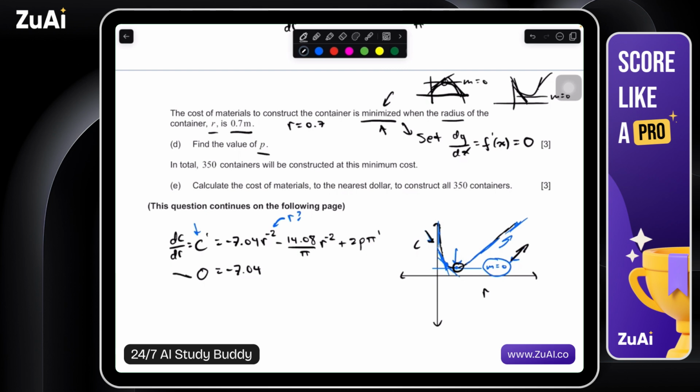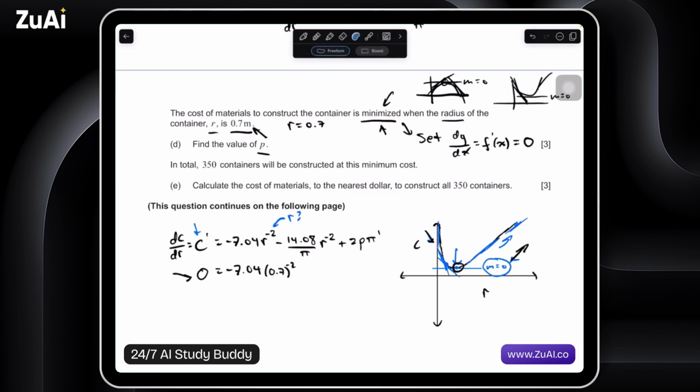That is to say, we know the slope is going to be 0 when r is equal to 0.7. So when r is equal to 0.7 to the negative 2, I'm going to get a little more space, minus 14.08 over pi, and then r is again 0.7 to the negative 2 plus 2p pi.